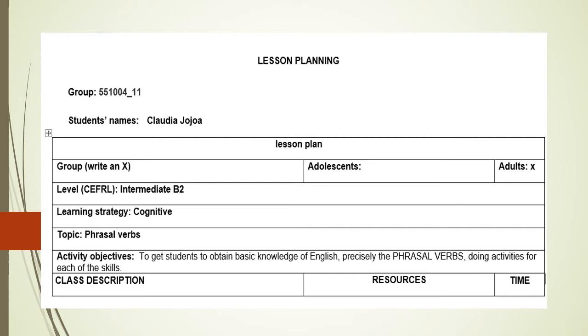The topic is phrasal verbs. The activity objective is to get students to obtain basic knowledge of English, precisely phrasal verbs, doing activities for each of the skills. And now, the class description, resources, and time for this lesson.